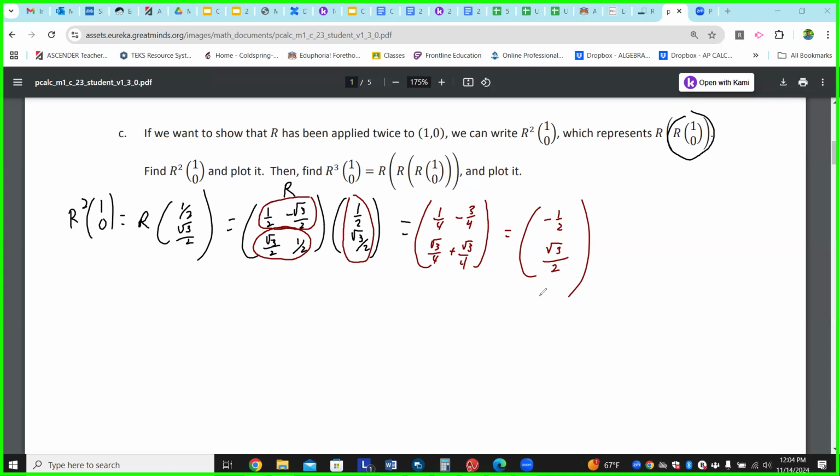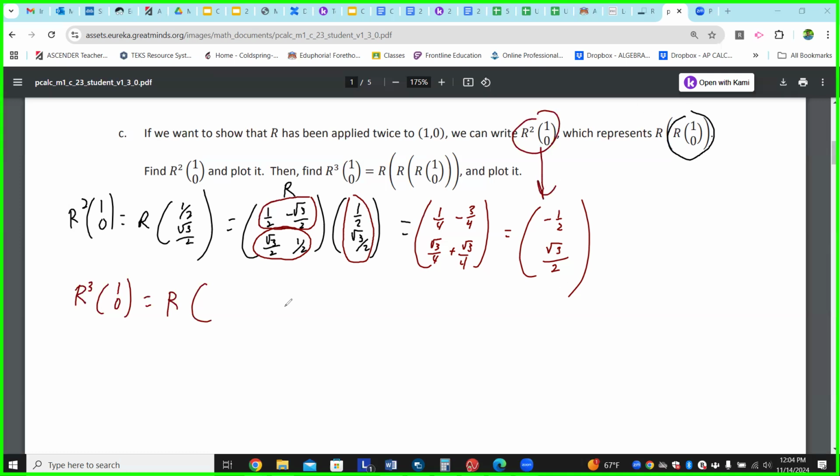That's perfect. So now let's do that third rotation of 60 degrees, and we should get this as our result, because that would then be 180 degrees. So let's check it. To do our r cubed of 10, I can just do an r times my result for the r squared.